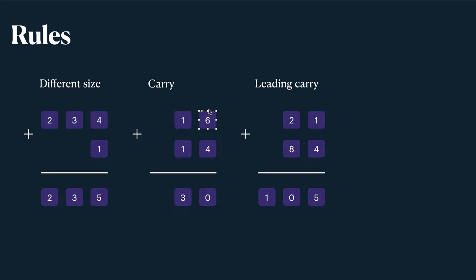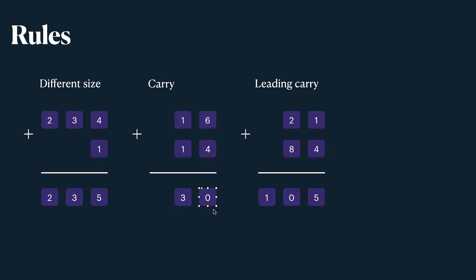Another case is having a carry. A carry is something that happens when we have a sum of digits and we can run out of our digits, let's say not scope, but maybe base. Yeah, the base is the right word. So 6 plus 4 is 10. In a decimal system, we have digits from 0 to 9, so 10 doesn't fit in.